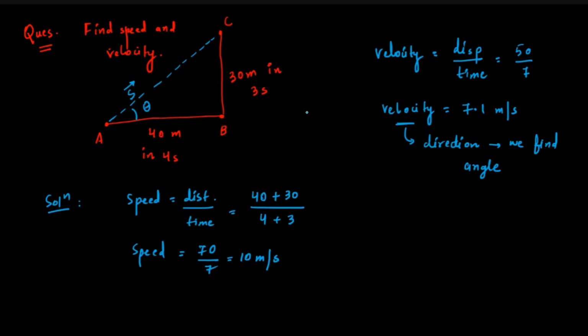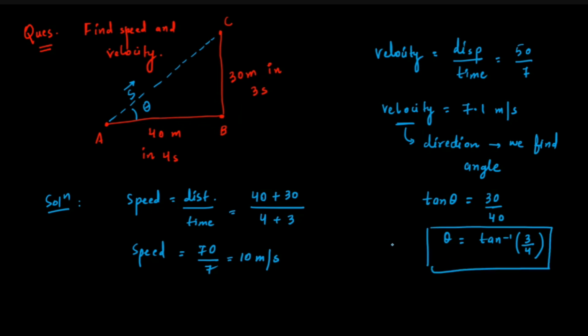Here, if this is a right angle triangle, we can use tan theta, which is perpendicular upon base, so it is 30 by 40. Theta is tan inverse 3 by 4. You can find the value of this theta using a calculator, or you can leave it there also. That will also work.